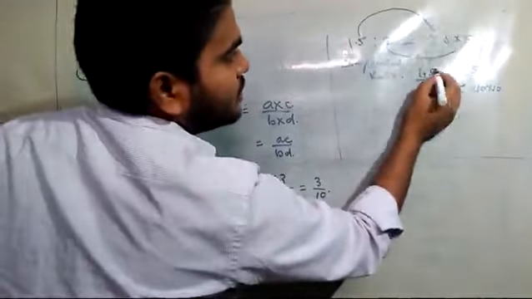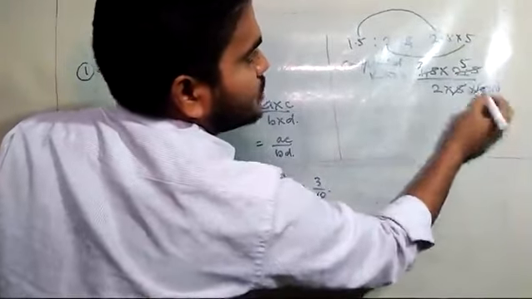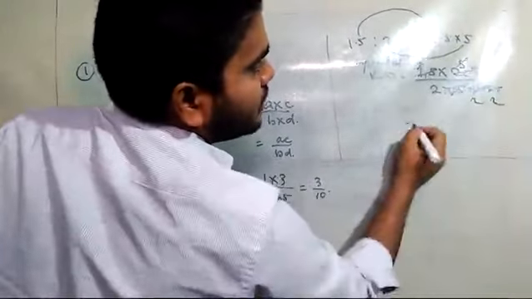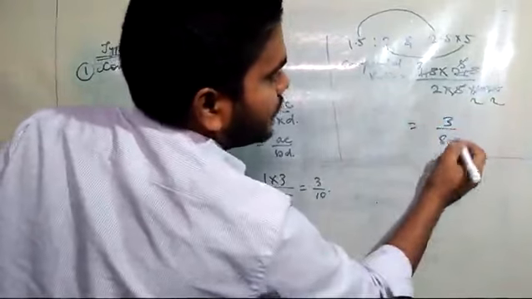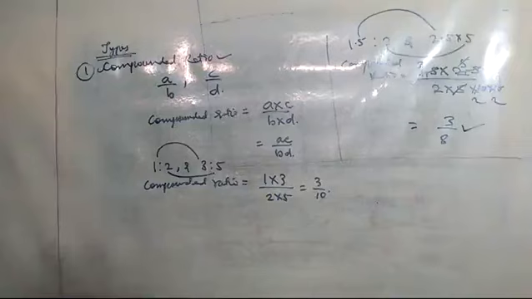Now 5 3s are 15, and 5 2s are 10. So it will be 3 upon 8. This is the compounded ratio of the given numbers.